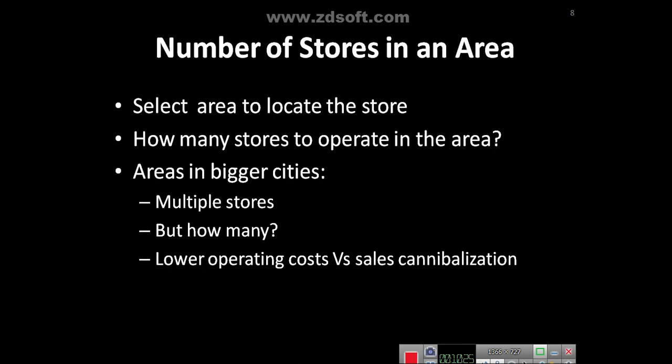Then, areas in bigger cities. When I gave you the example of Walmart opening many stores in the same area, that is definitely applicable to bigger cities, like New York, Washington DC, California, San Francisco. So I am talking about bigger cities.